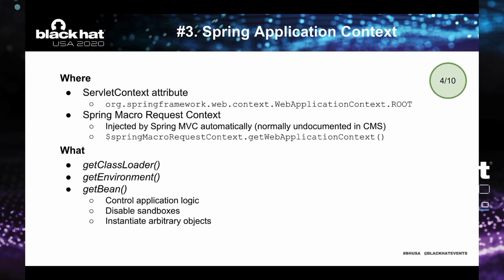And you can use that one to get access to the web application context. So from there, you can get access to the class loader, to the environment, including things like the environment variables, but also the Spring properties, which will include things like encryption keys and other interesting stuff.